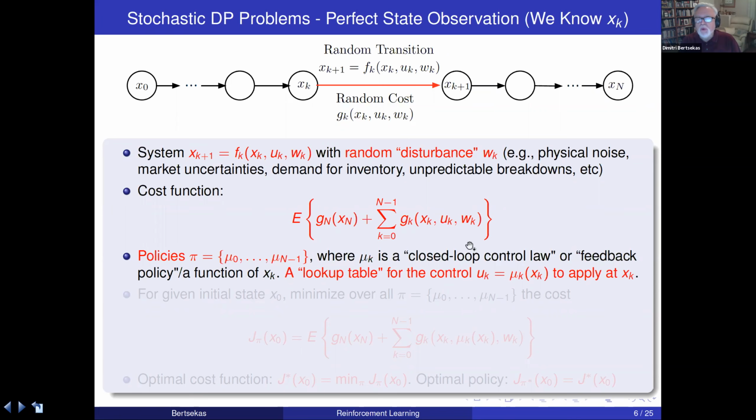The future states are determined, so it doesn't matter whether we observe them or not, we can calculate them. But for stochastic problems, it does make a significant difference, and that's why we resort to policies. Of course, policies are much less convenient objects to deal with. They involve a lot more numbers, okay? A whole lookup table. And that's one of the big differences in stochastic problems.